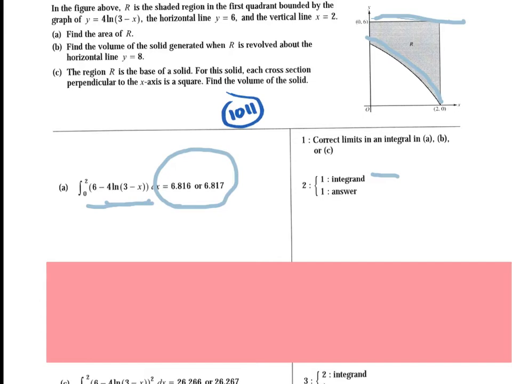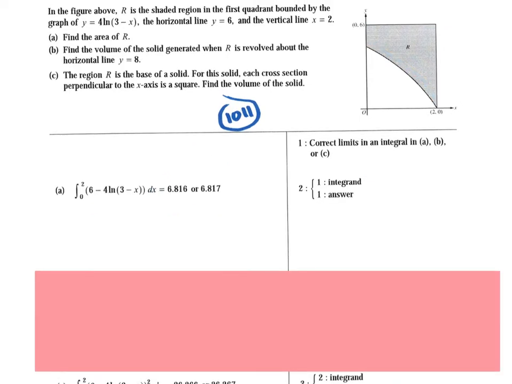And then as we move on to part B, Part B asks for the volume when R is revolved around the horizontal line y equals 8. So I always like to draw a picture, so I've got this kind of looking shape here. And then y equals 8 is right here. And then we revolve that over here, which ends up like this.